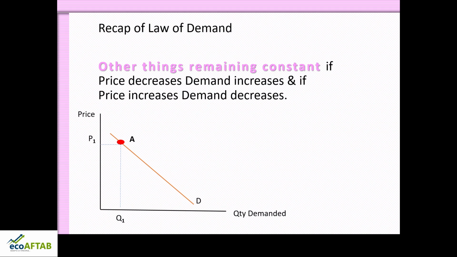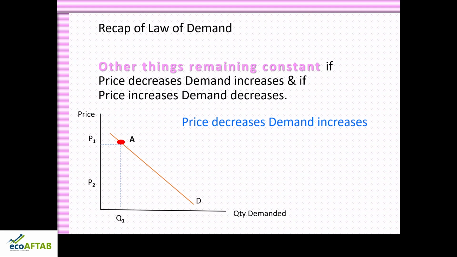Now let us see what will happen if we assume the price decreases. As per the law of demand, price decreases and demand increases. So the price here will reduce from P1 to P2.